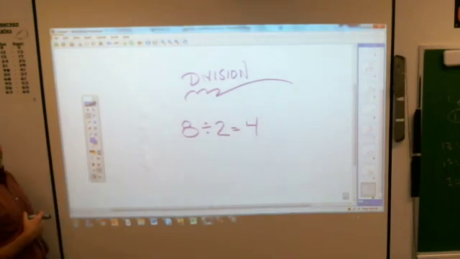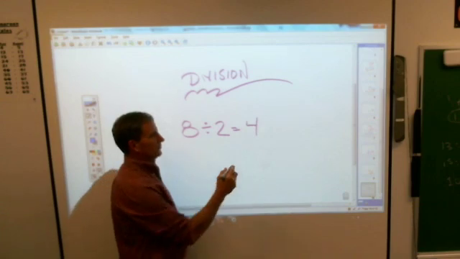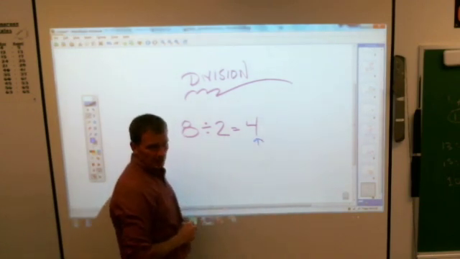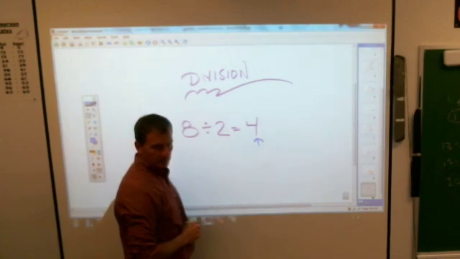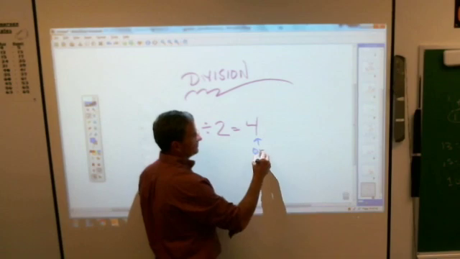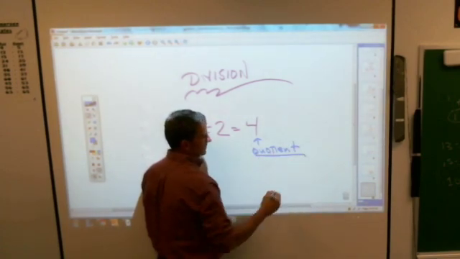Division is a lot like subtraction in the sense that there are names to these things that you don't use very often. But since you're in math and we need to learn math, we do usually know what the answer to a division problem is called. Meryl? Very good. Quotient.